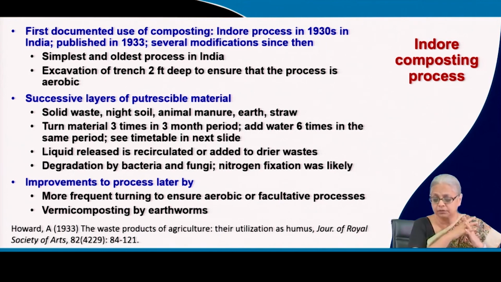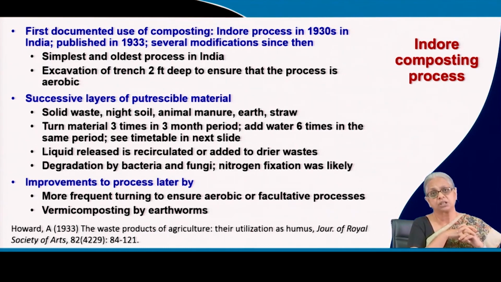And there are ways of doing this process as a facultative process. So you make the pit or the container deeper, and you allow aerobic as well as anaerobic composting to be done. All that has been tried. And another new modification is vermicomposting.